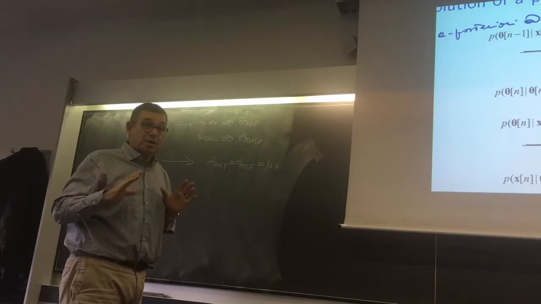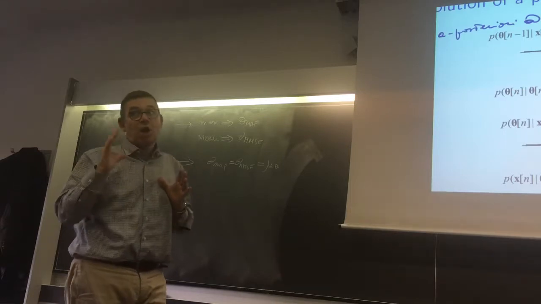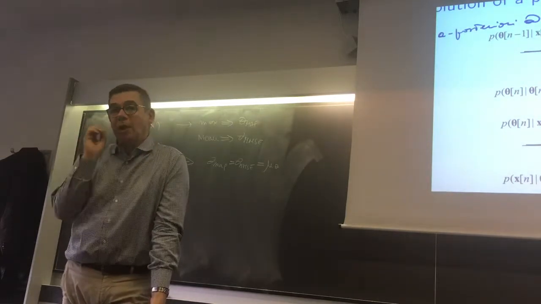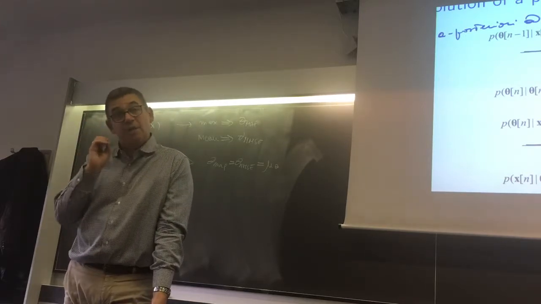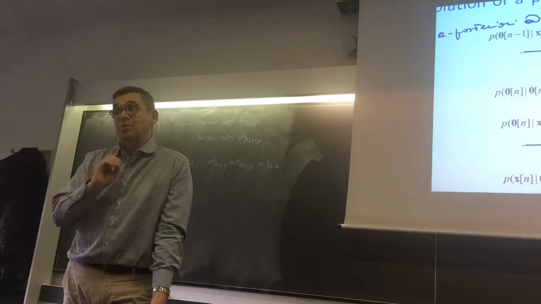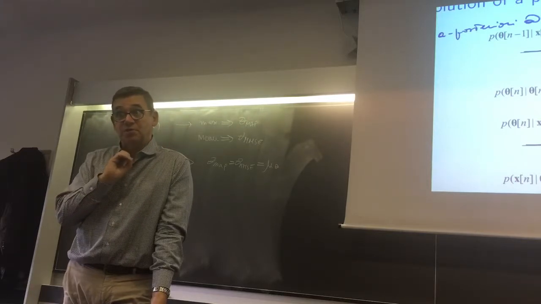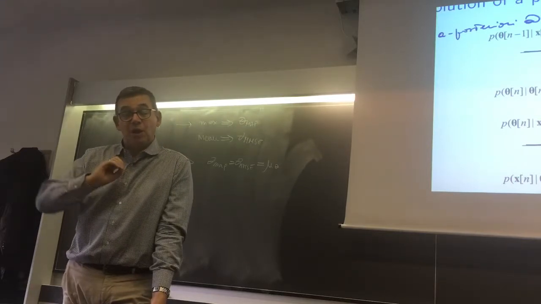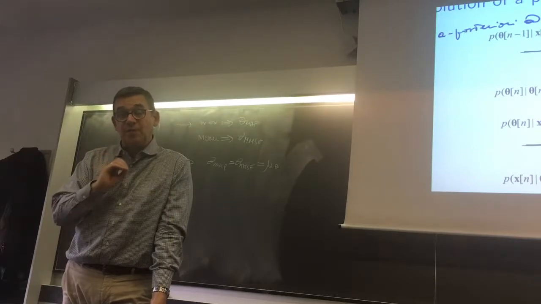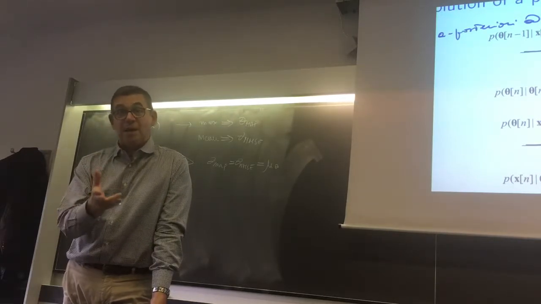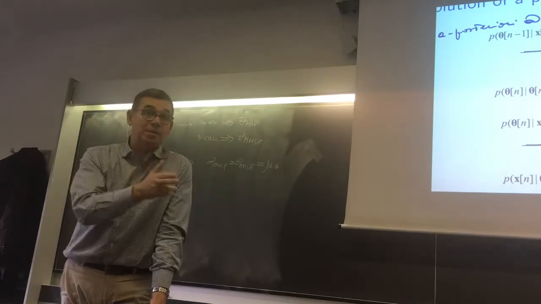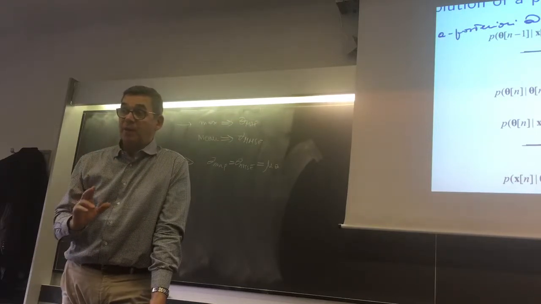You need to move from the concept of knowing my position to the concept of having the probability density function of my position, which is another story. Because if you know the probability density function of my position, you can estimate my position according to the MMSE or MAP criteria, okay?